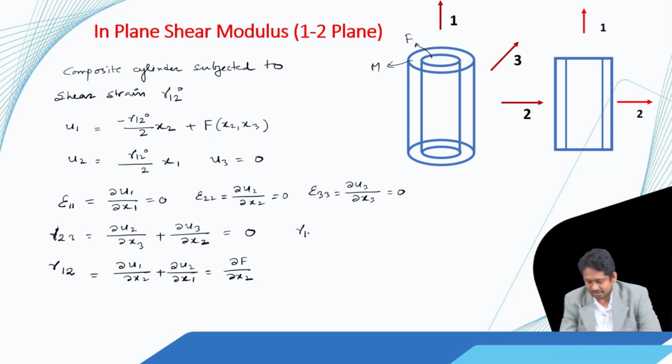Similarly, the other shear, which is gamma 13, that we can write as del u 1 by del x 3 plus del u 3 by del x 1, and again with that approximation we can write this as del f by del x 3.